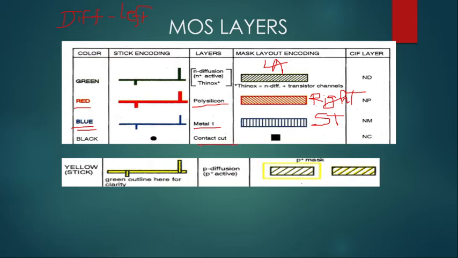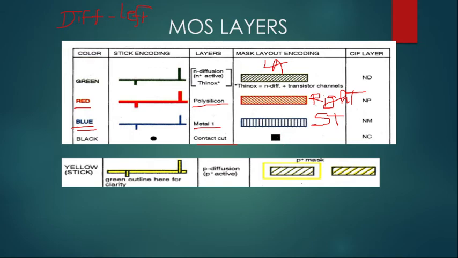What is a contact cut, that I will tell you when I will be drawing the stick diagram. So a black color circle is used for making a contact cut in stick diagram, but for layout a contact cut is made by a square box of black color.